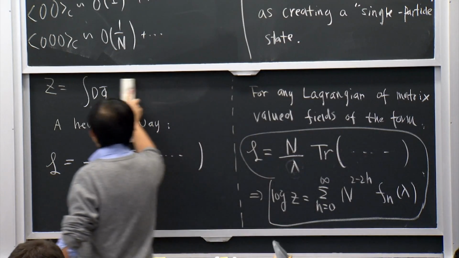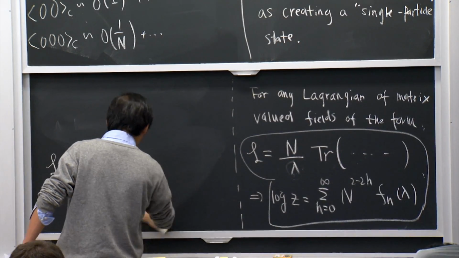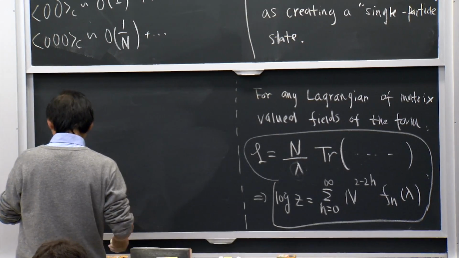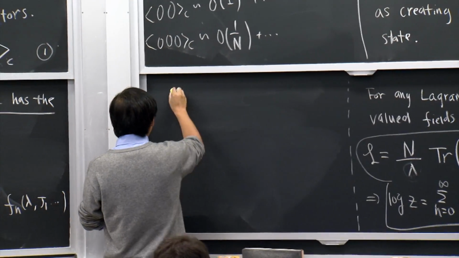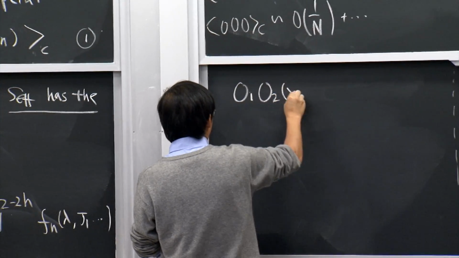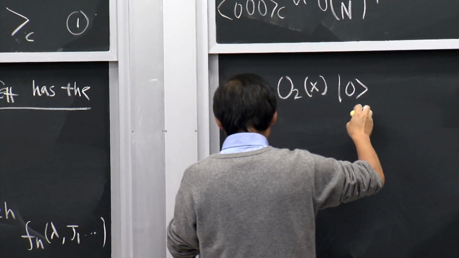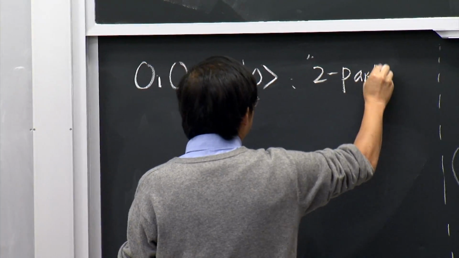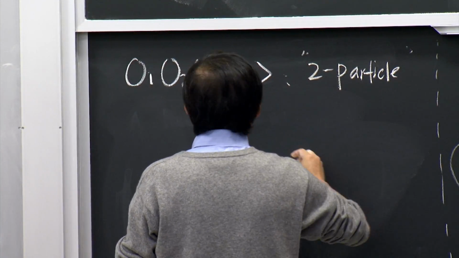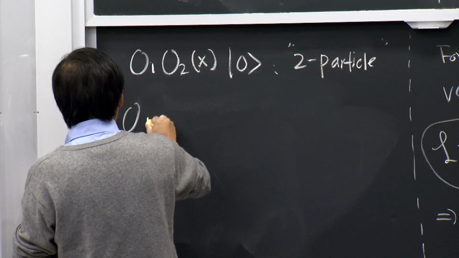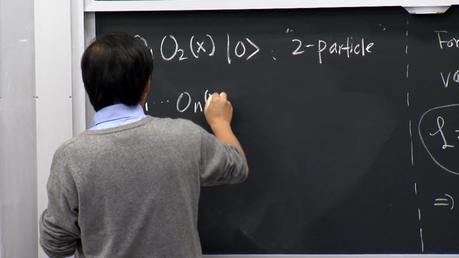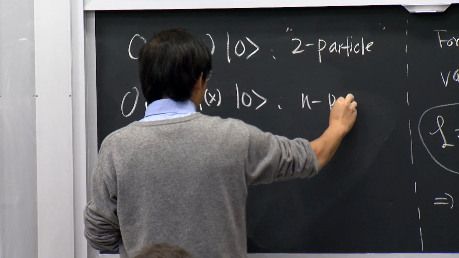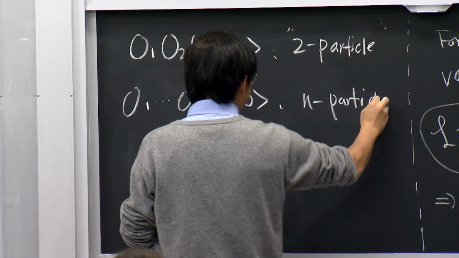If you consider the state obtained by acting with a single trace operator on the vacuum, then this can be interpreted as a single particle state. If you act with a double trace operator on the vacuum, then this can be interpreted as a 2-particle state. Similarly, a product of n traces acting on the vacuum would be an n-particle state.